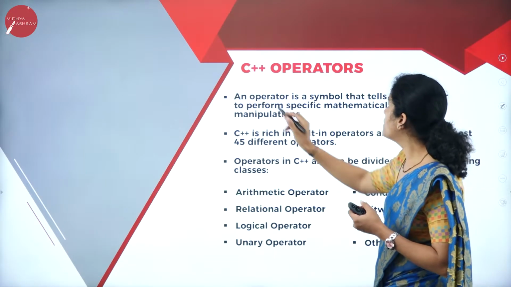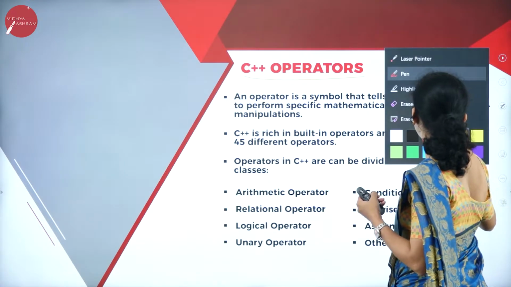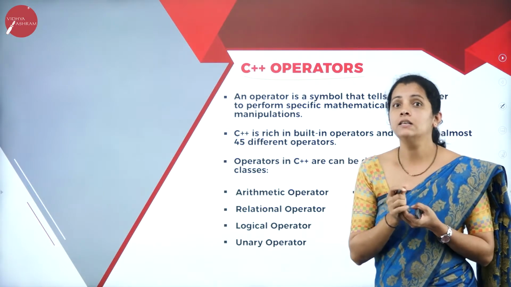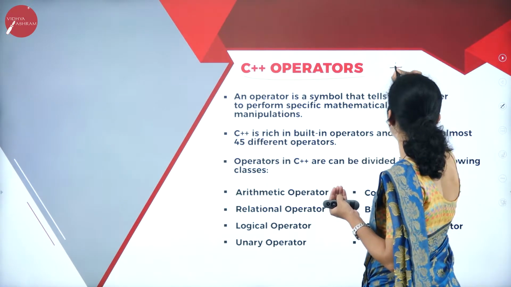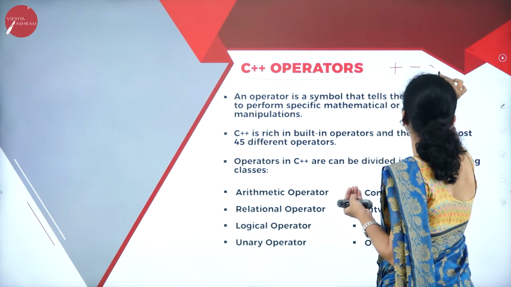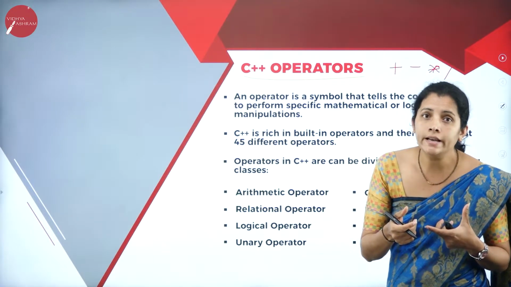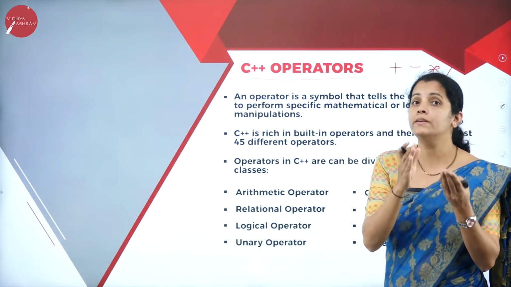At the beginning, I'm going to have C++ operators. So what is an operator here? Operators are symbols. For example, plus, minus, star or forward slash. These are the operators or the symbols.